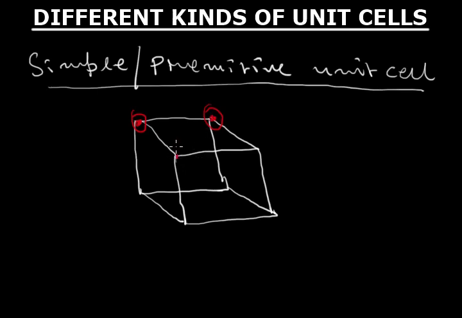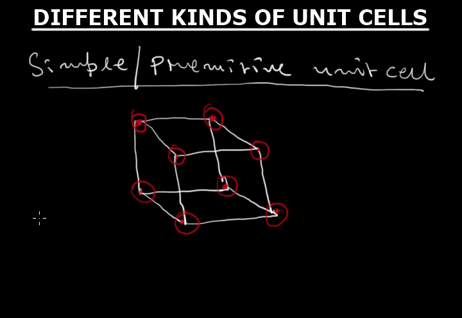These are the lattice points present in the simple cubic cell. There are 8 corners and each corner is occupied by a constituent particle. This is called simple or primitive unit cell.